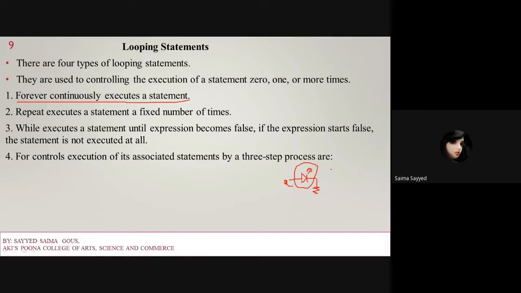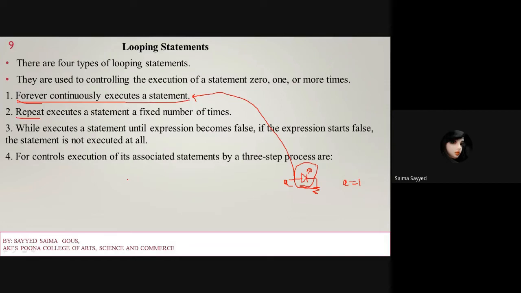For danger, the red light is on, so I want this red LED continuously on. So I will use this forever loop. So forever A should be 1. So continuously this LED will be on. In this manner the forever loop works, when we want continuous execution of a particular statement.